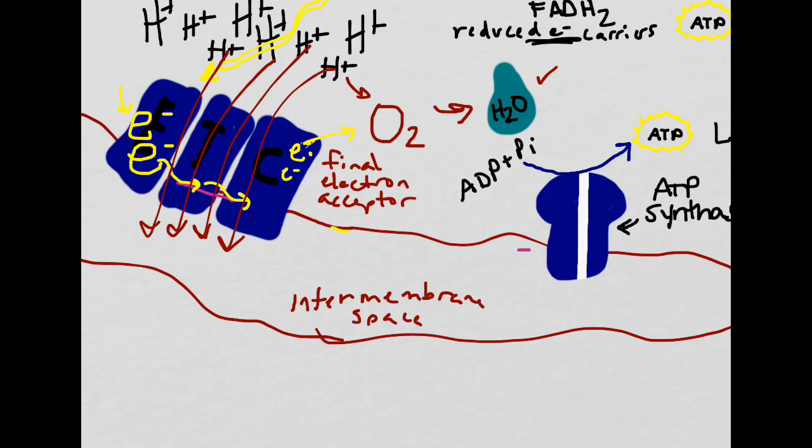So the question then becomes, why did we pump all these guys over here? So we got all these hydrogen ions filling up. So the pumping of these hydrogen ions has created a hydrogen ion concentration gradient.